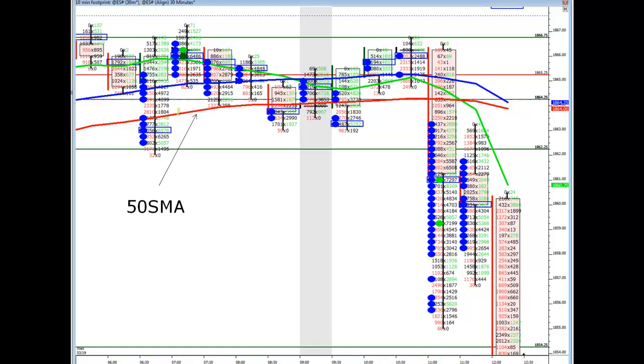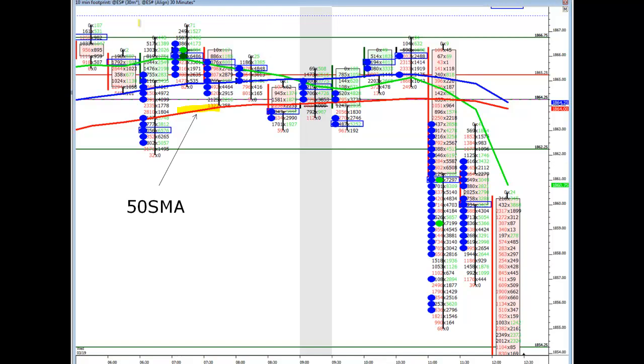The one color that we didn't talk about earlier in the lesson was the red, because we only had the 20 simple moving average and the 5 simple moving average shown on the 1020 chart. Now that we've dropped down to the 30-minute chart, we can also see the 50 simple moving average. So at least recognize that that's what that red line is.